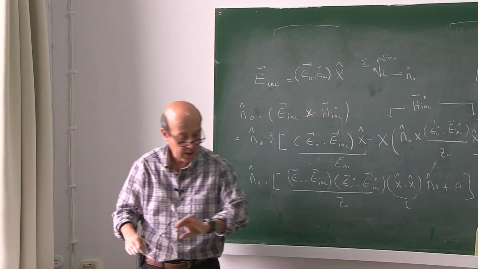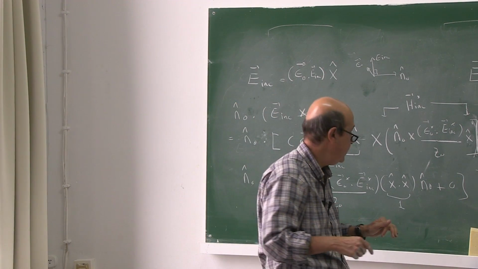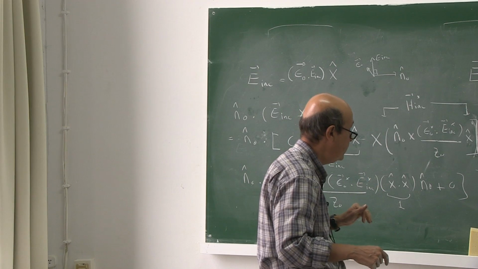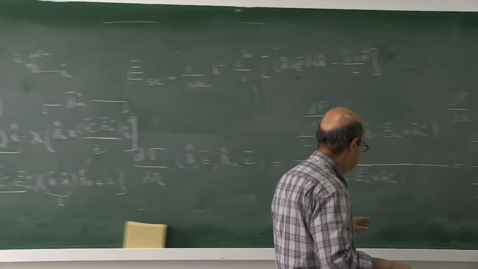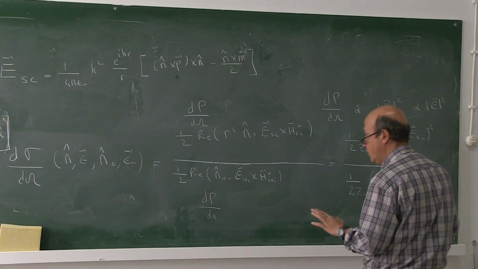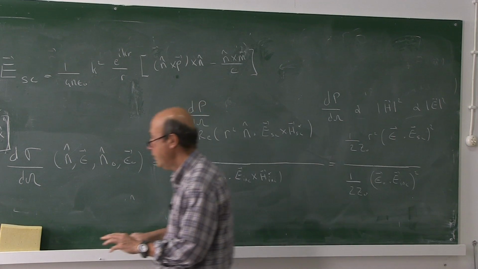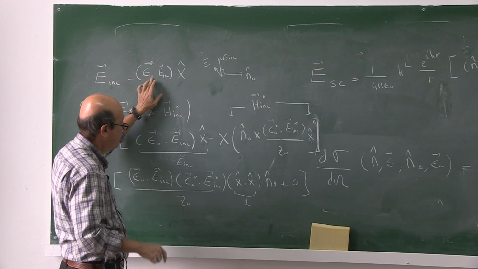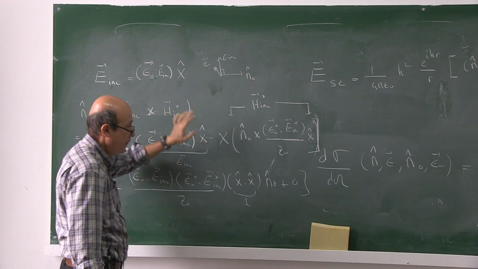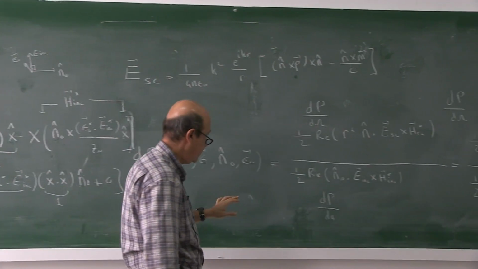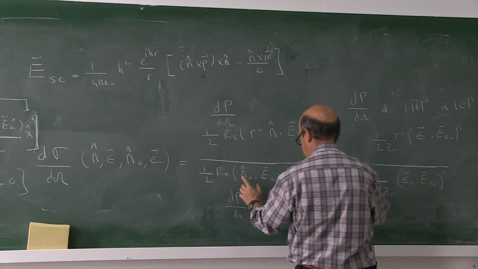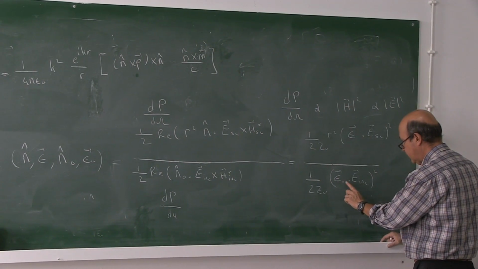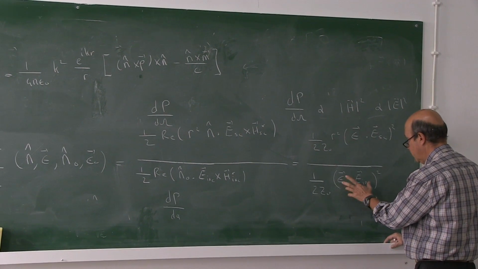I am going to do these things again next time because we go quickly and we haven't much time. Basically, I showed you how you take into account the polarization. You have the polarization before the scattering, and there will be polarization after the scattering. If you do this calculation, you will end up with E incident dot epsilon 0 squared.